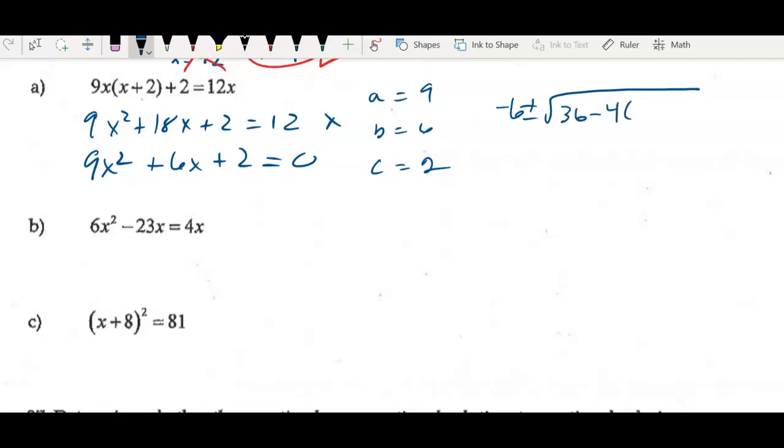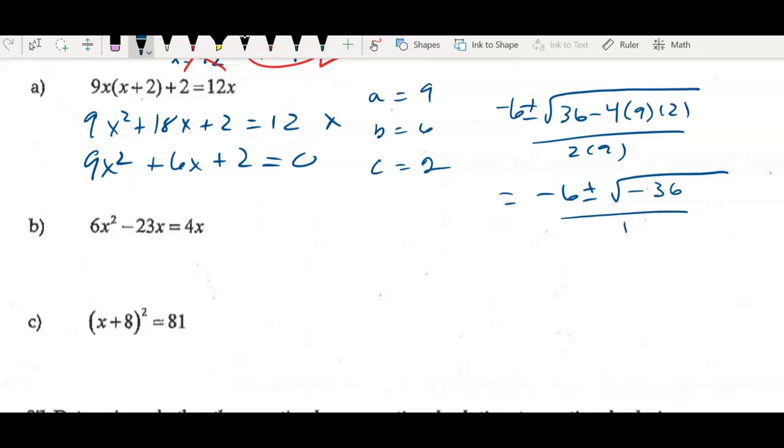B squared... work all that out, you get negative 36, I believe. That's 6i over 18.